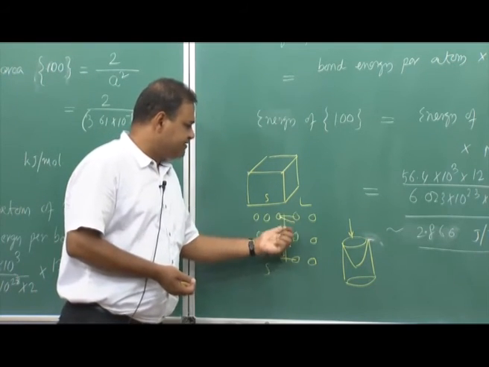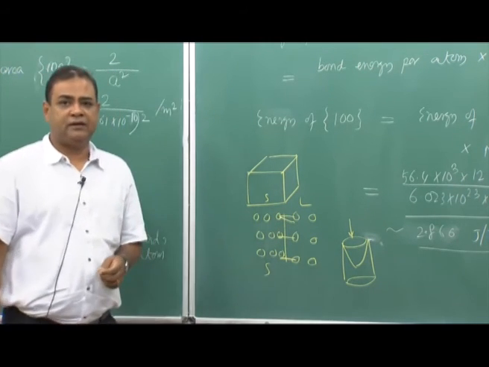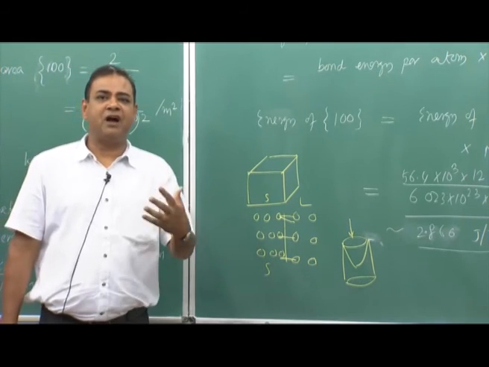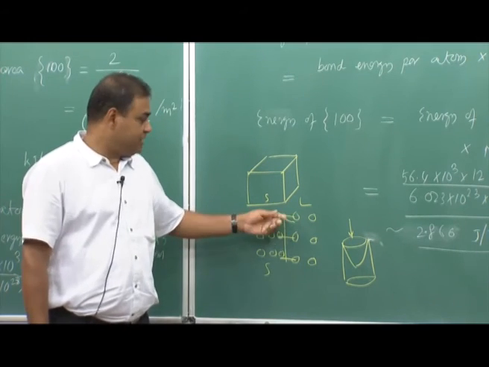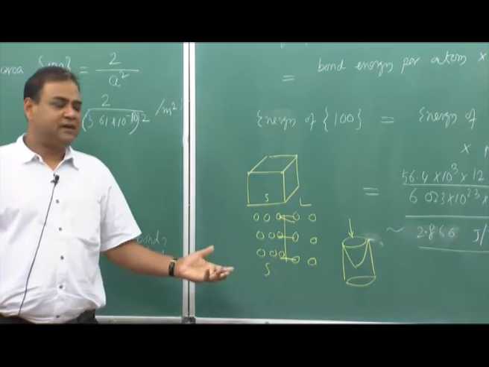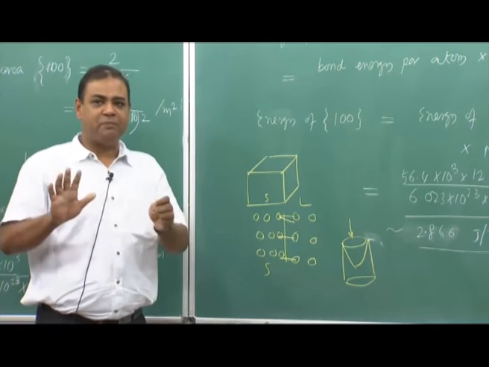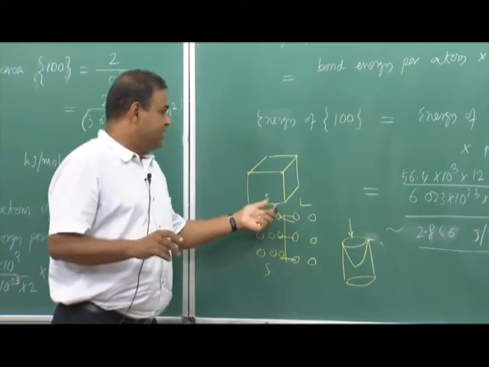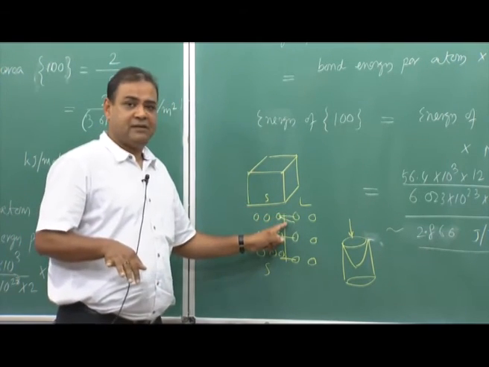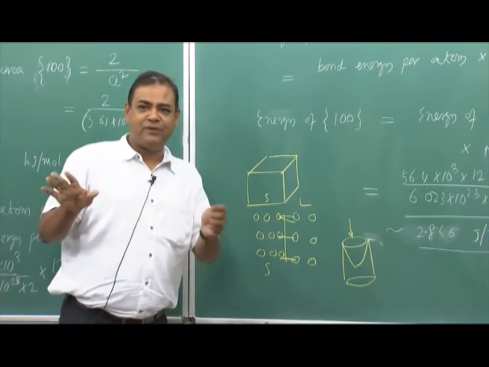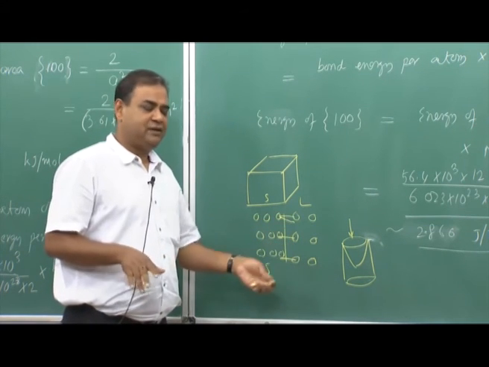So, we can assume that the bond between solid and liquid contributes half to solid and half to liquid. Half of that bond is coming to solid and half of the bond is going to the liquid. So, it is not complete bond breakage. If there were completely broken bonds, the total energy would be there, but here half of the broken bonds are going towards solid and half is remaining with the liquid.